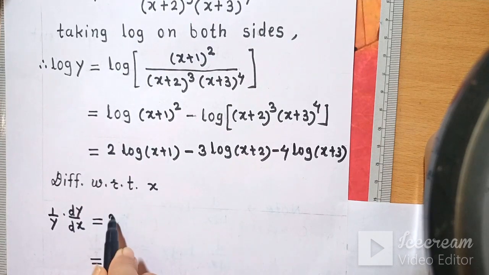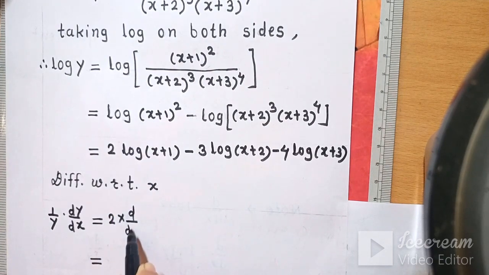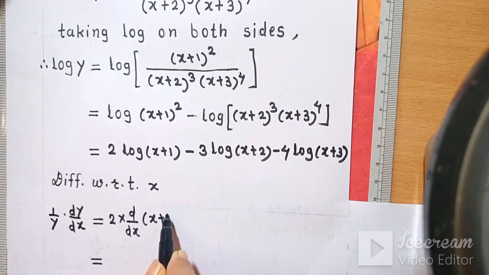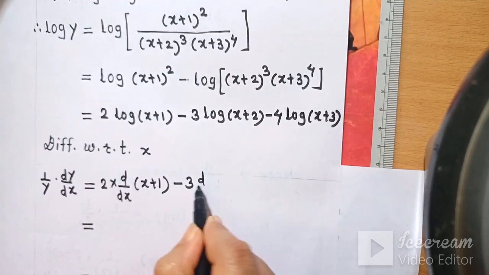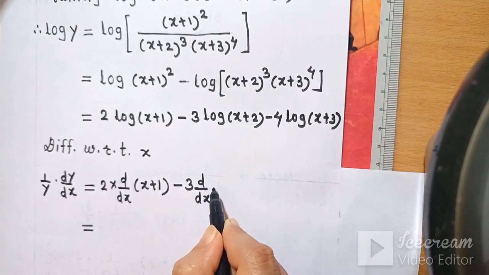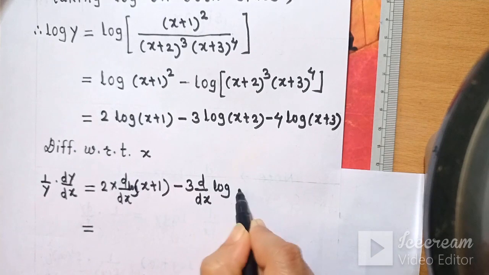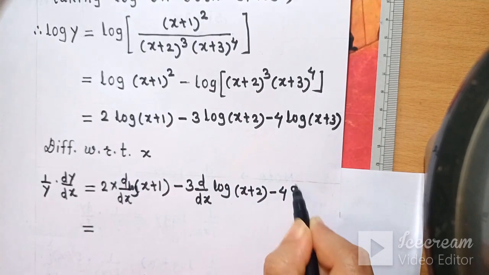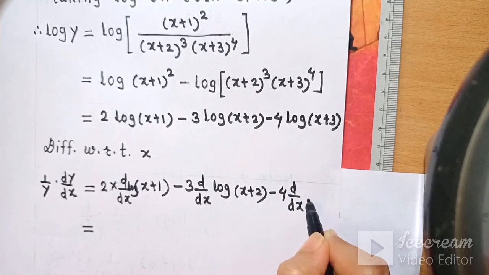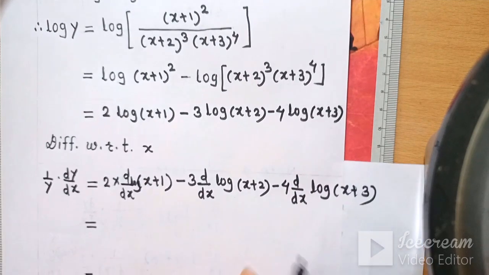Now 2 is constant, so take the differentiation: d by dx of log (x plus 1) minus 3 d by dx of log (x plus 2) minus 4 d by dx of log (x plus 3).